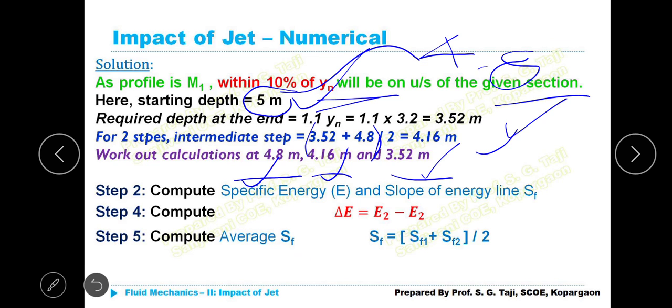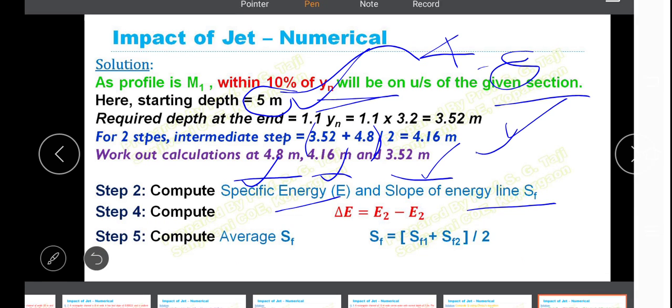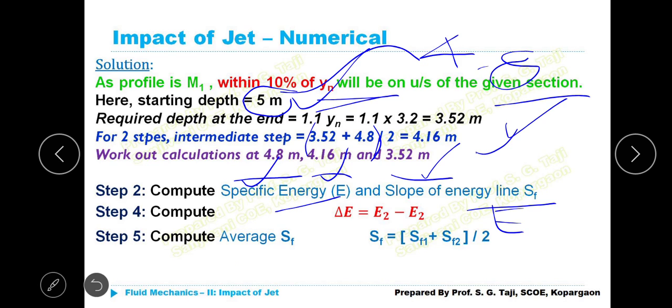What is step 2? Please remember, compute specific energy and slope of energy line SF. For computing delta E, we have to calculate E1 and E2. Here it should be E2 minus E1, right?